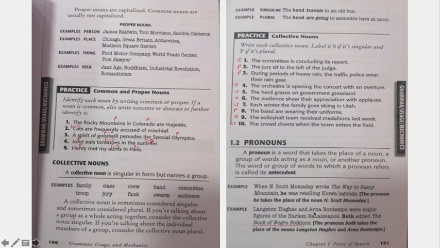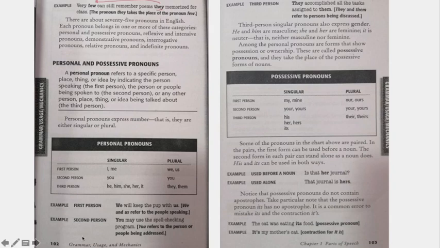Now, in the next sentence, they did not use the same nouns or the same proper nouns, but instead they are replaced with a pronoun, which is both. Another example: very few can still remember poems they memorized for class. So the pronoun they here actually takes the place of few.